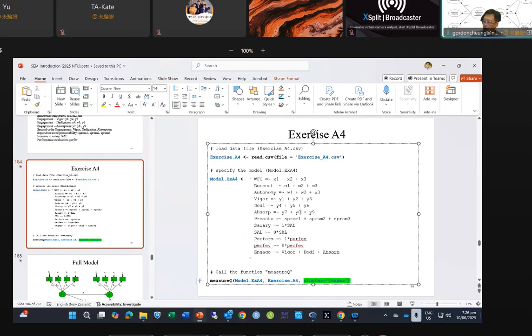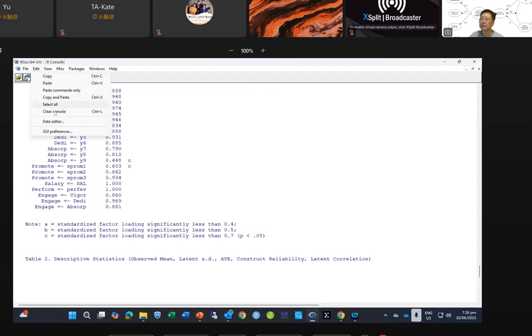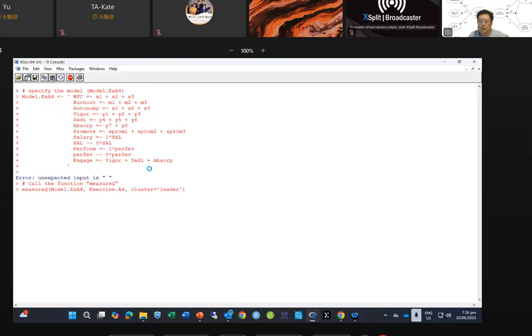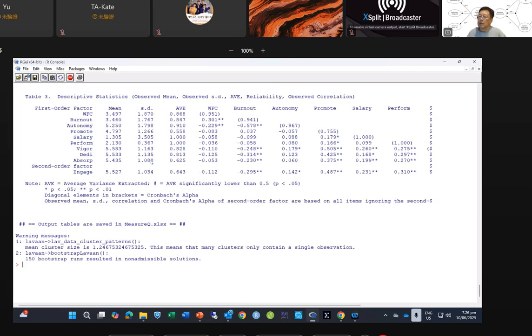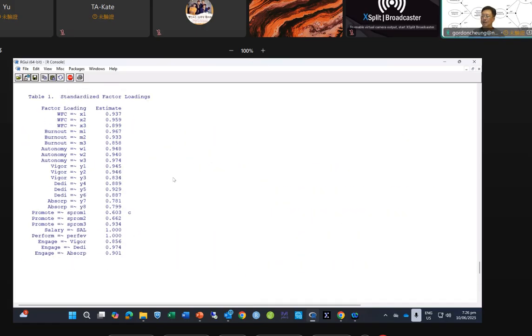So I just take away Y9. I run the model again. Got the results, and you will notice that the results are much better now.